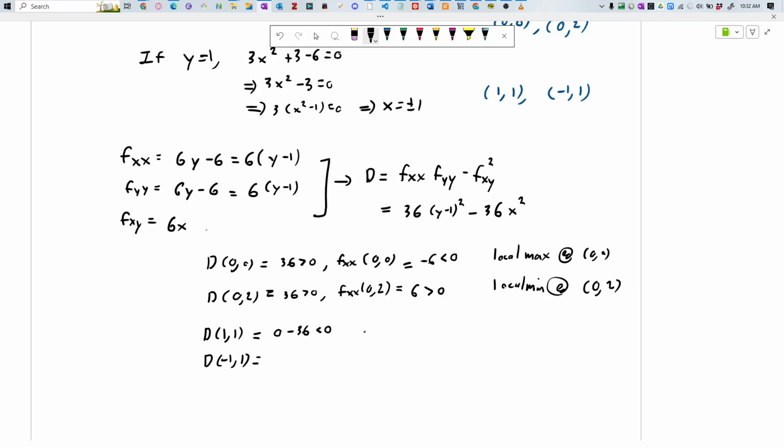So that means it's a saddle, because the discriminant is negative. And then plugging in at minus 1, 1. So again, the y equals 1 gives you a 0 here, and then this minus 36 1 squared. So yeah, we get a negative 36 again. So we get a saddle at -1, comma 1.